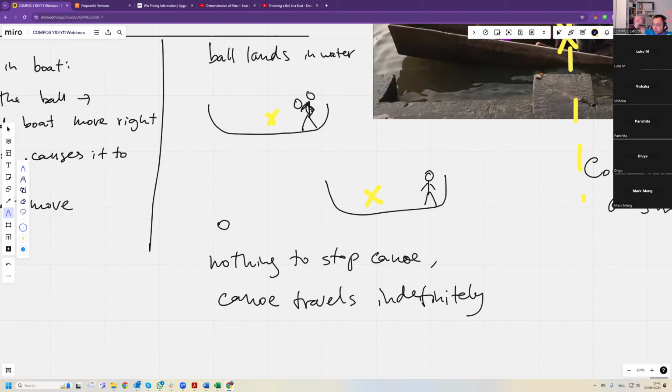So the ball moves left, boat moves right, but this overall center of mass stays where it is. But in the second case, it doesn't. The ball travels, it lands in the water, but the boat keeps going, and after, I don't know, 7 minutes, the boat will be on the other side of the lake if there was no water resistance.